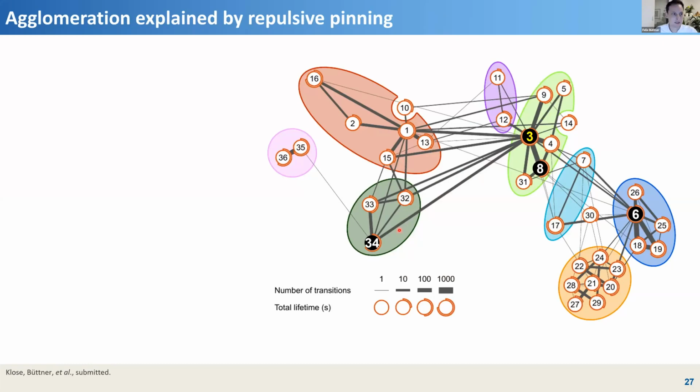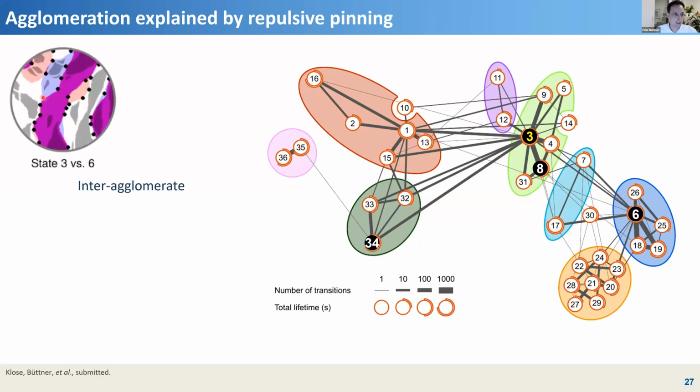This image is showing in pink where the domain is black in both cases, in state 3 and 6, in white where it is white in both cases, and then in blue where it is black in one and white in the other, and in orange where it is the reverse. So the areas that have switched are shown in light blue and orange here.